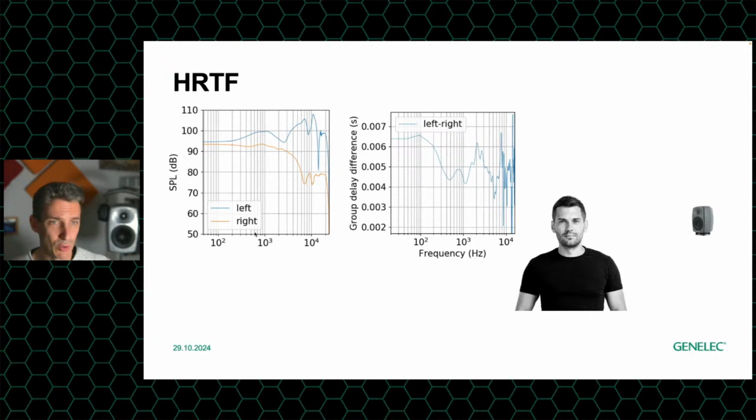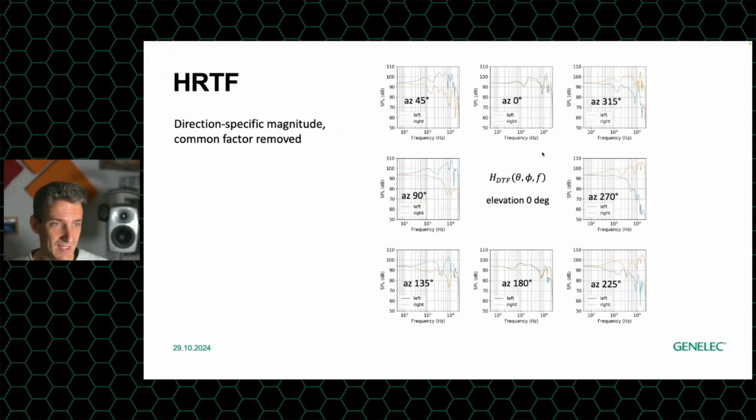You see this blue curve, which is the magnitude frequency response for the left ear, and the orange one is for the right ear. You can see similarities around 100 Hz and lower frequencies, and a significant difference at higher frequencies. And on the right side, you see a diagram that shows the group delay difference between left and right, because the sound travels longer to the other ear.